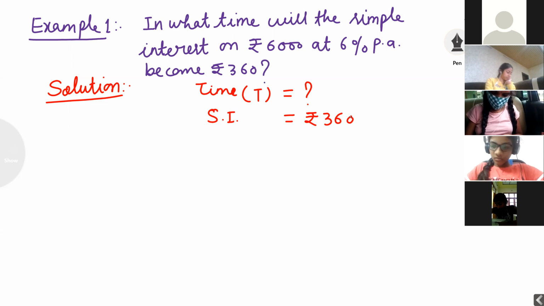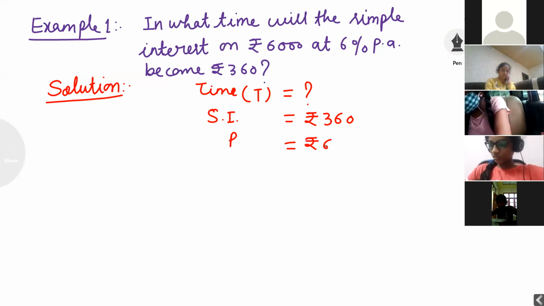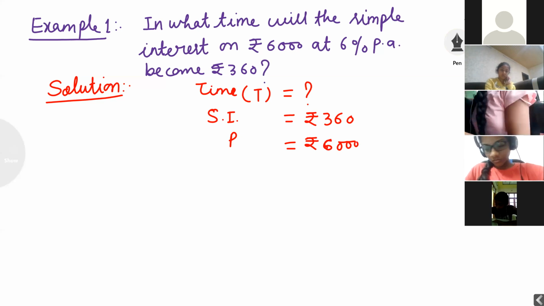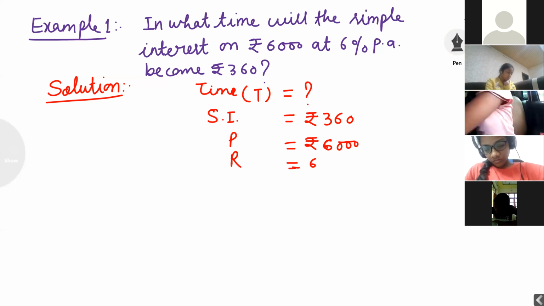Next, simple interest on 6,000 rupees. Principal P is equal to rupees 6,000. Next, rate of interest R is equal to 6% per annum.